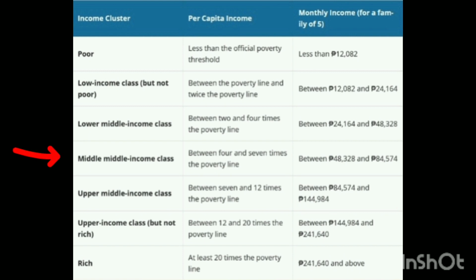Next is the middle income class, between 4 and 7 times the poverty line, between 48k and 84k. And here we have the lower middle income class, between 2 and 4 times the poverty line, between 24k and 48k of monthly income for a family of 5.